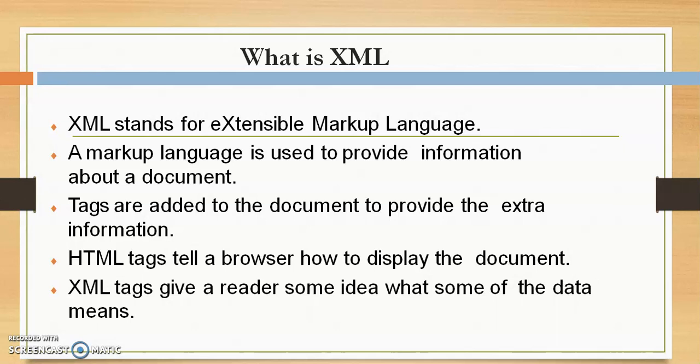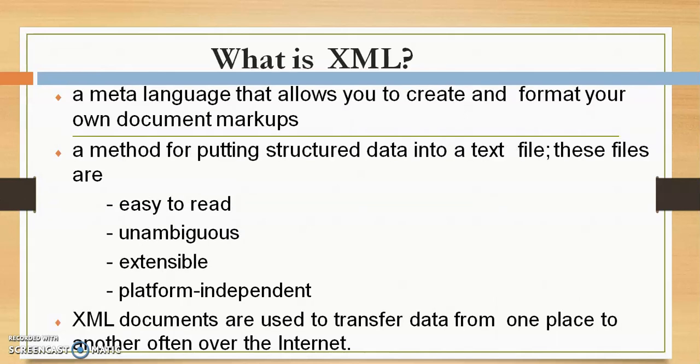HTML tags tell the browser how to display the document, whereas XML tags will give the reader some idea what the data means. So XML is going to represent what the data is that is to be presented. And we can also say XML is a meta language that allows the user to create and format your own document markups.